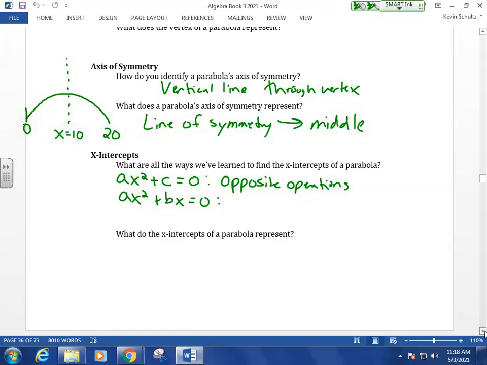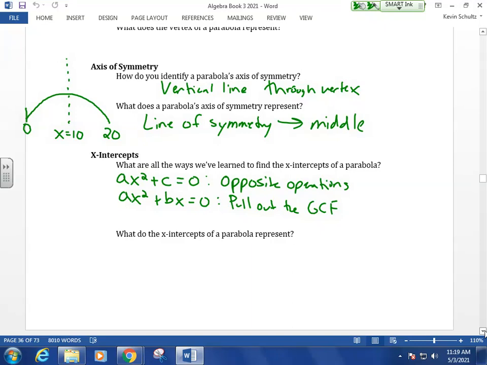Yes, in the back, a little louder. Yes, I don't know if you could hear that on the YouTube, but yes, pull out the greatest common factor, right? That was taking out the greatest common factor. That's where we were first introduced to what value for x makes this 0, things like that.